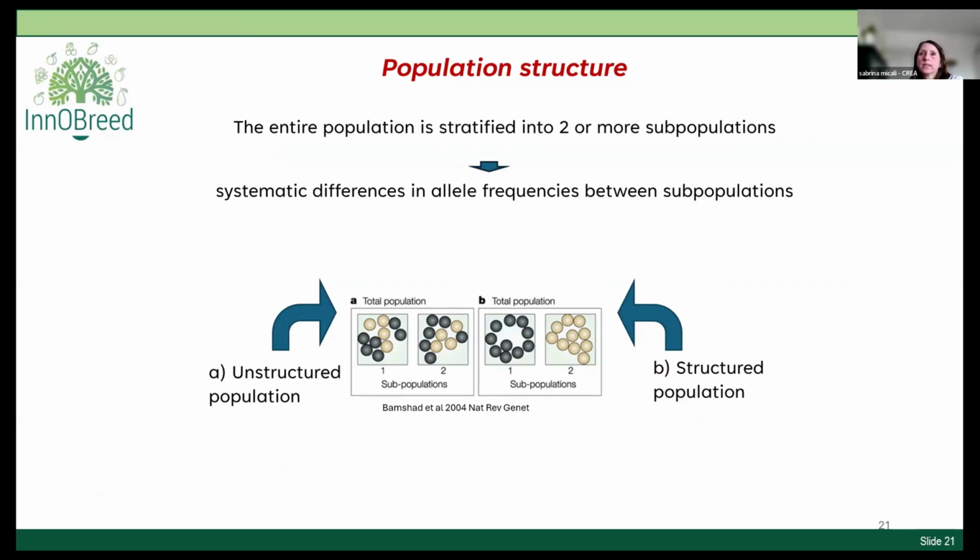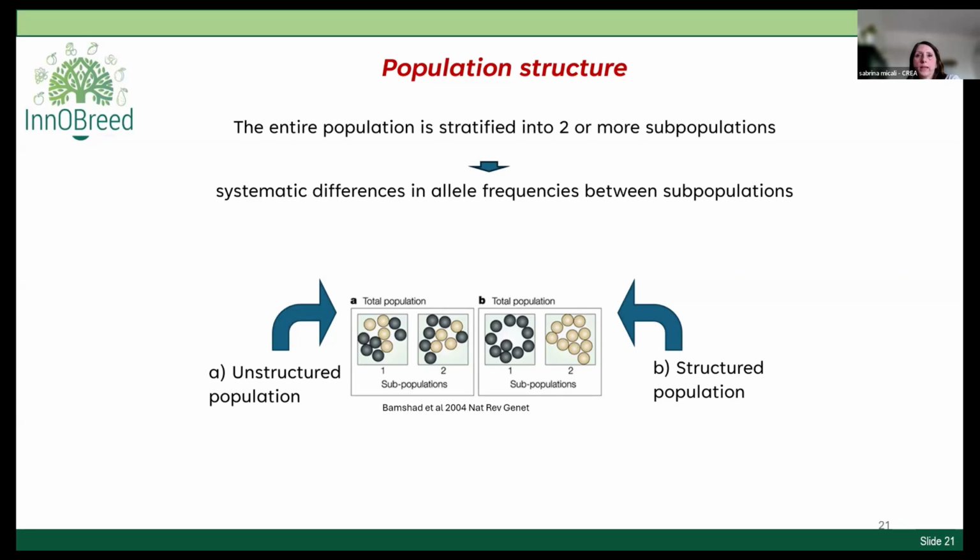Population structure is when the entire population is stratified into two or more subpopulations that have different allele frequencies. So you can highlight the different subpopulations based on their allele frequencies, like in this picture where in panel A you see an unstructured population.